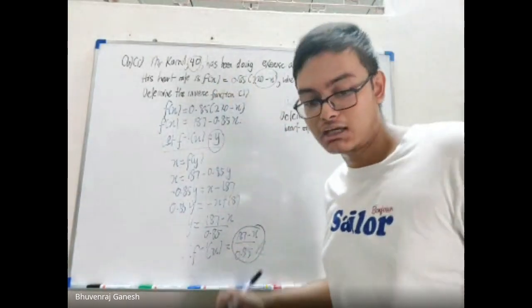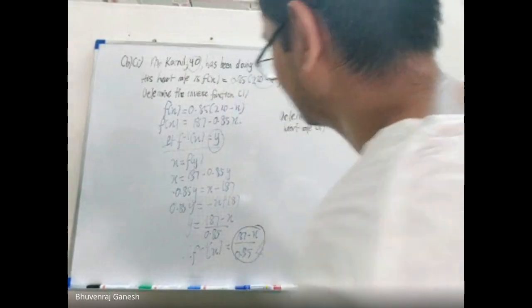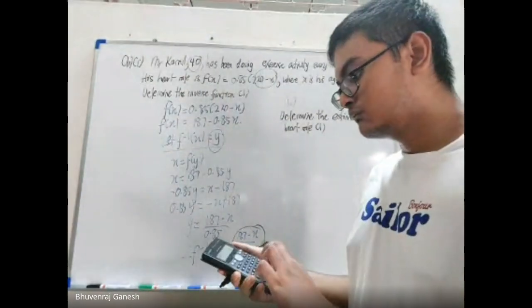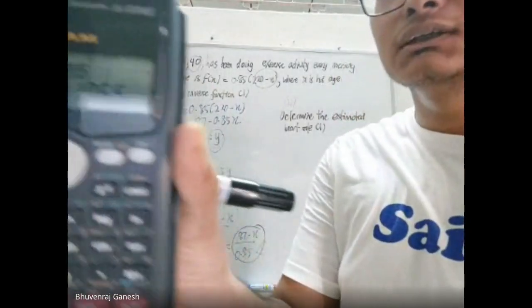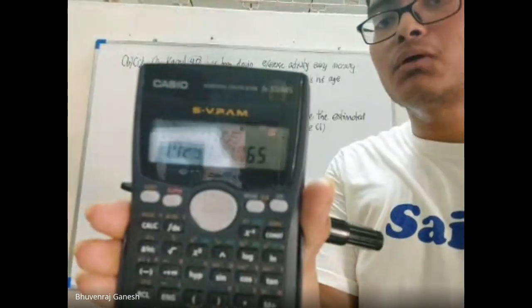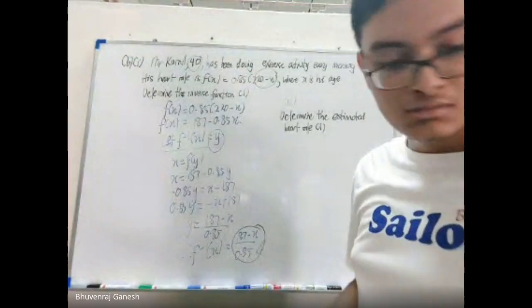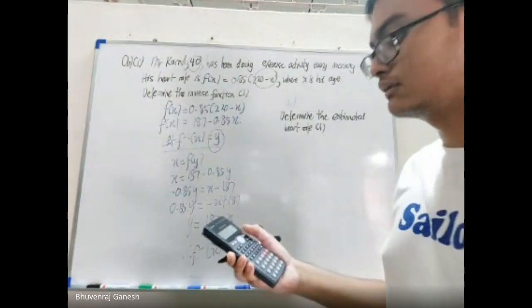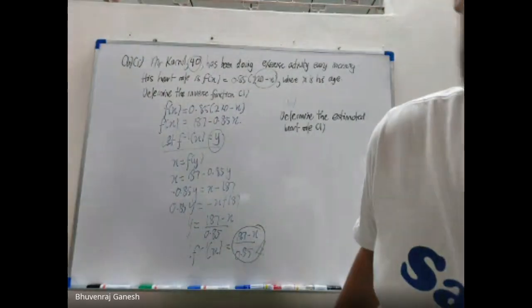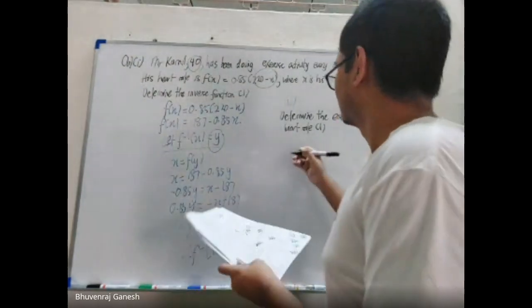Because if you try out with the inverse function, let's say I put x is 40, you will get this, which is 172 point something something. So we don't want heart rate with decimal, we want a definite value. So that's why we have to use the normal function on top.